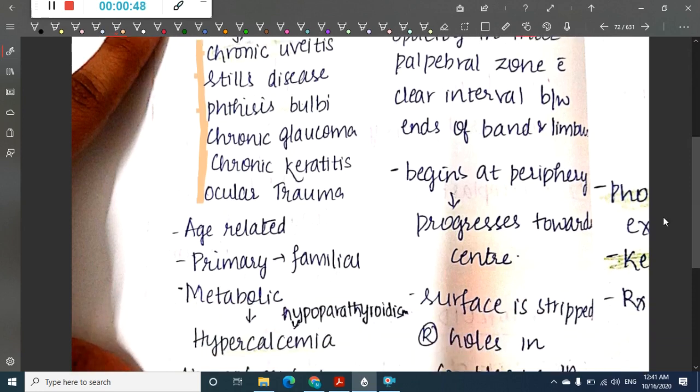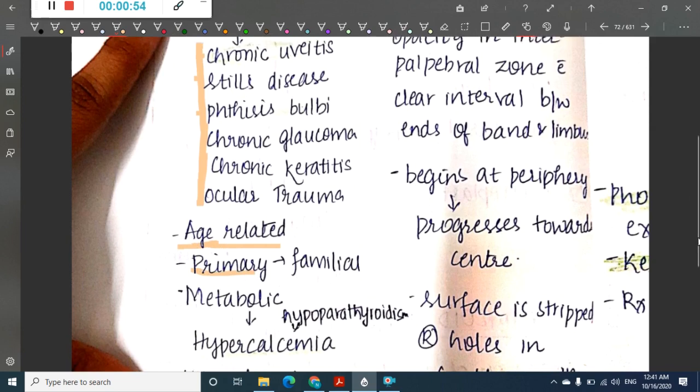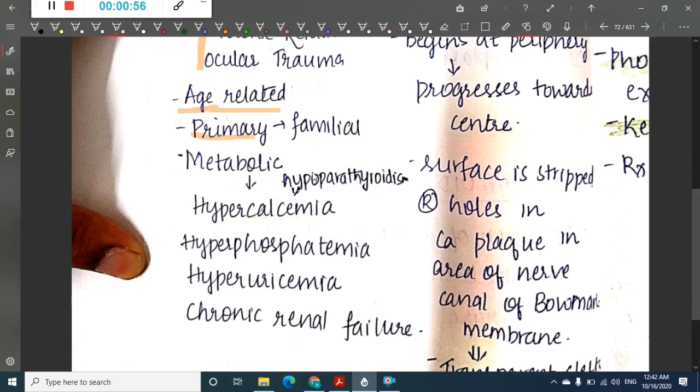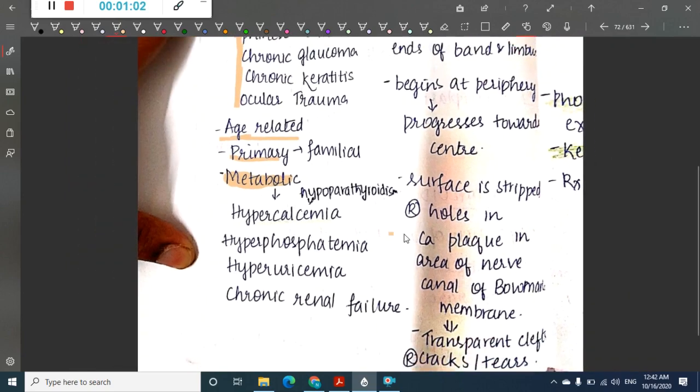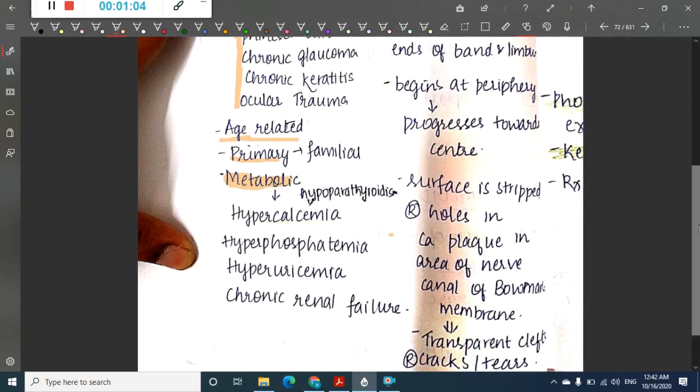It is also seen in age related conditions, primary conditions like familial conditions, or in metabolic disorders which include hypercalcemia, hyperphosphatemia, hyperuricemia, chronic renal failure.